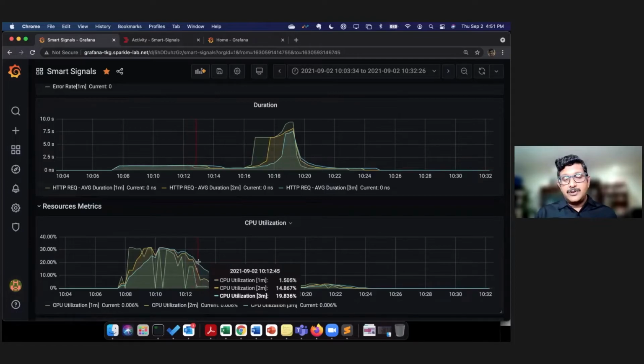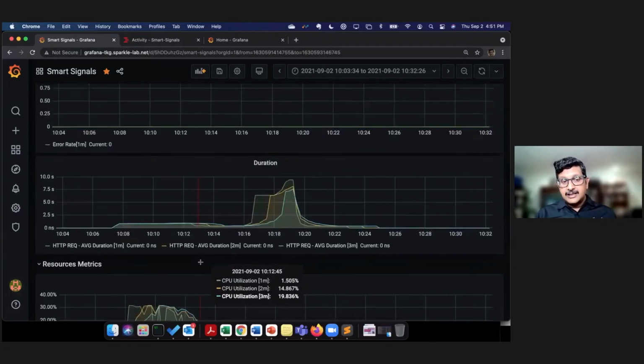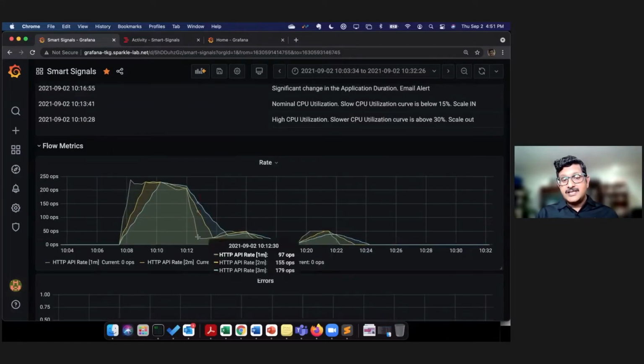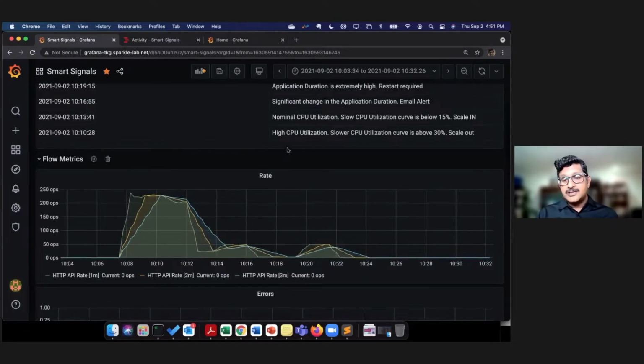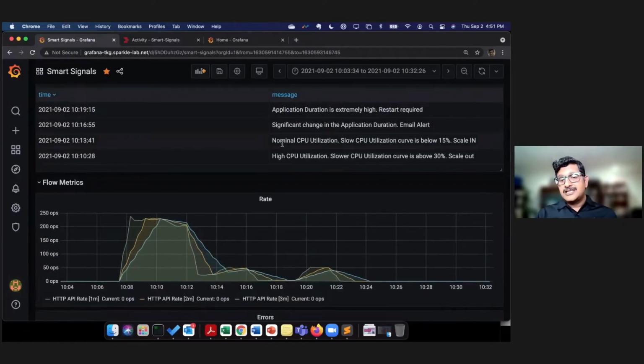As the CPU comes down below 15%, there is another alert raised. We see a consistent decrease in the request rate and the CPU utilization, and the alert is captured as a normal CPU utilization. Now you can scale in and reduce the number of nodes that you increased because of the load. So at 15%, an alert is raised and handled.